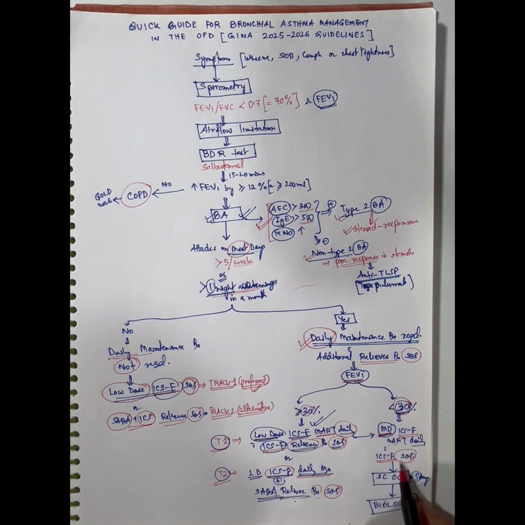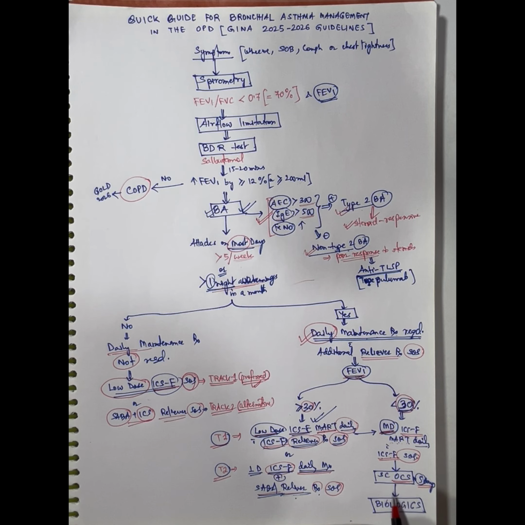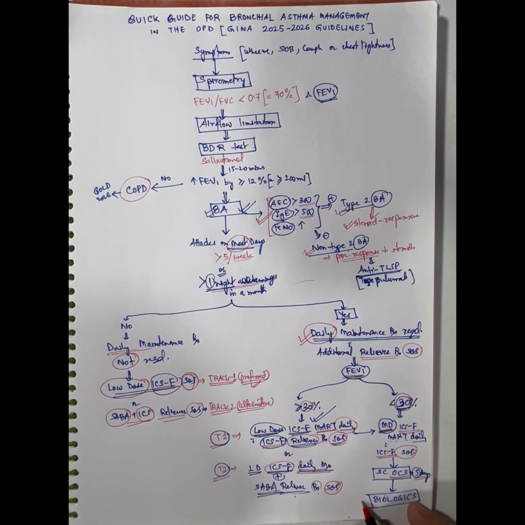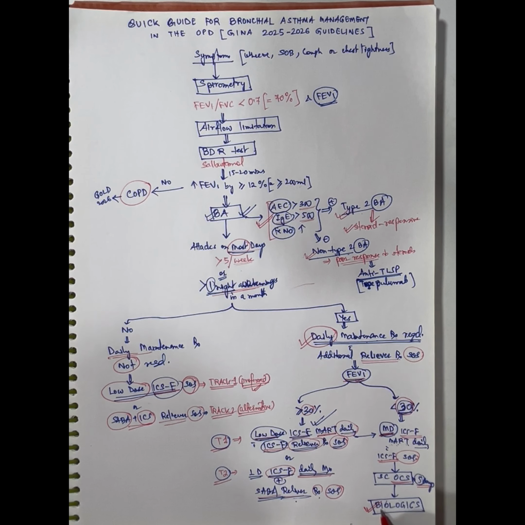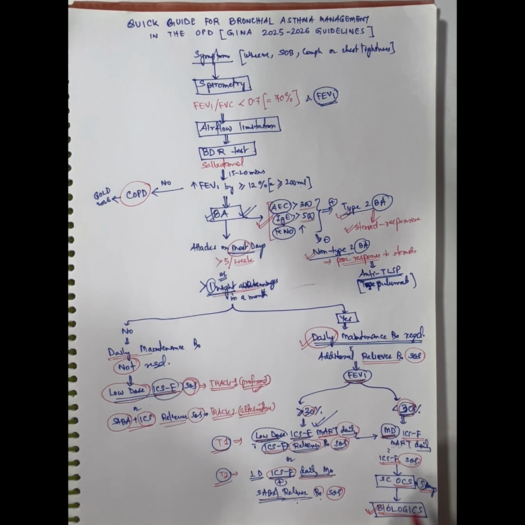Right. If he doesn't improve with this, we will also add a short course of oral corticosteroid therapy for 5 days. If improvement is not satisfactory with all this, we will consider biologics. Biologics are different in case of type 2 and non-type 2.